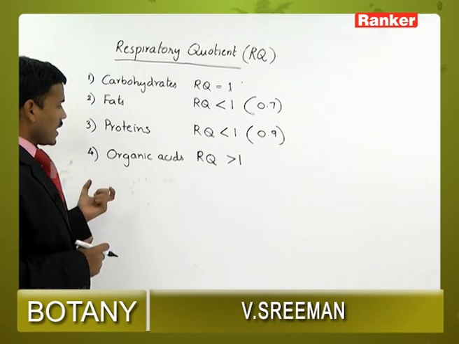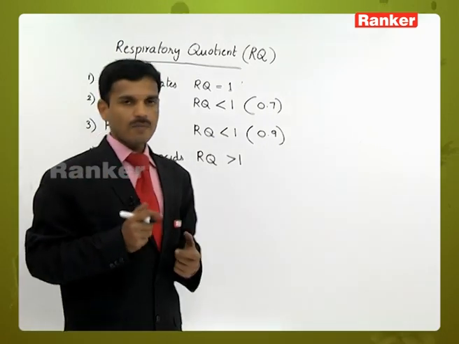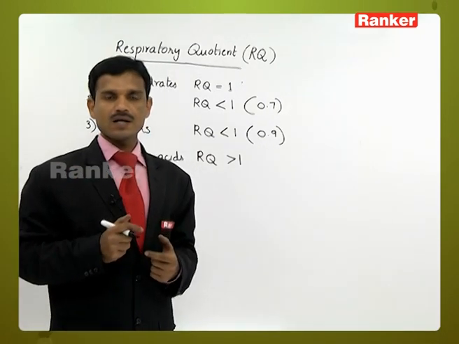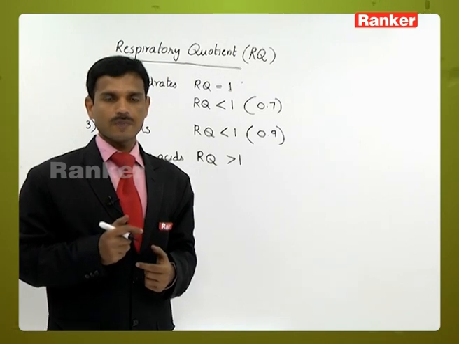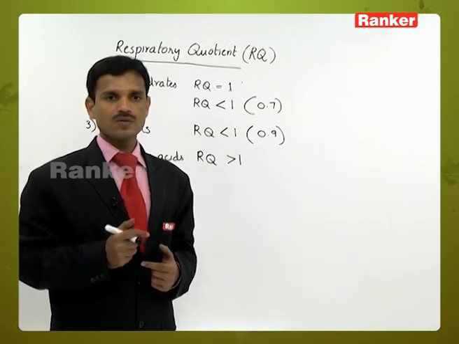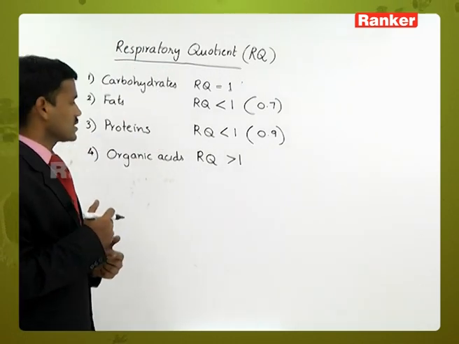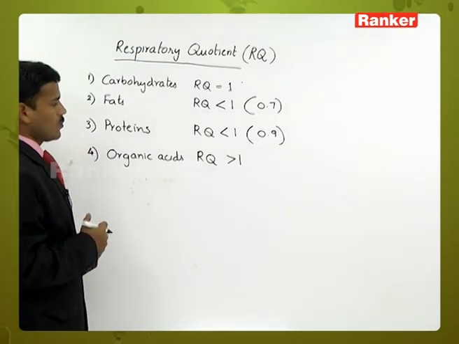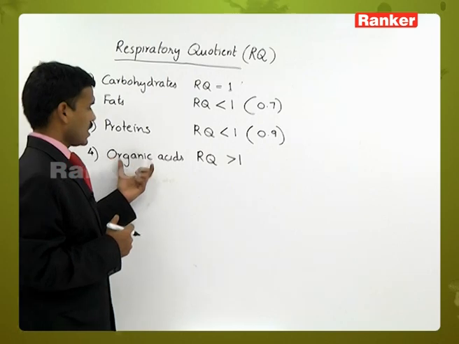In organic acids, the carbon number is less and the oxygen number is more. So the proportion of oxygen to carbon and hydrogen is high, or more oxygens are present in the organic acid.